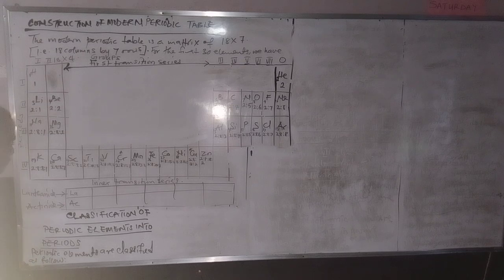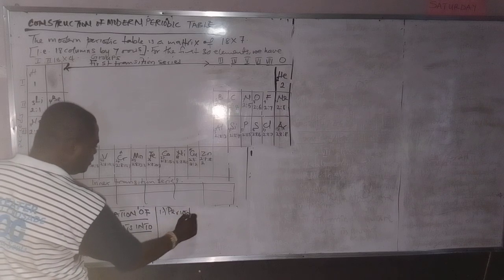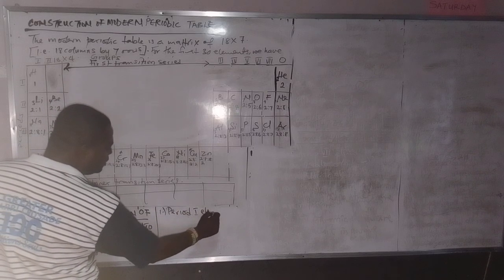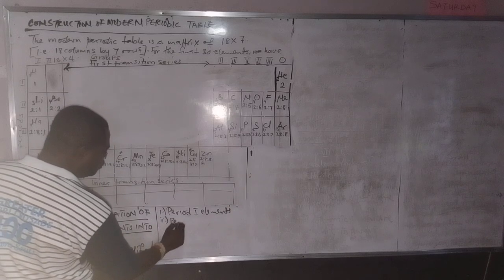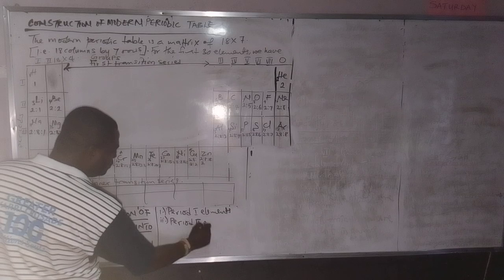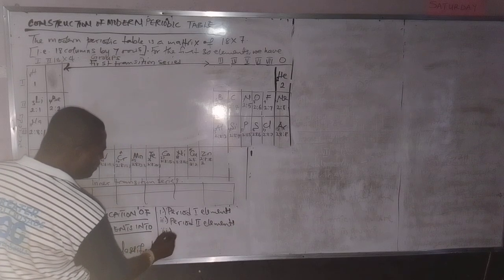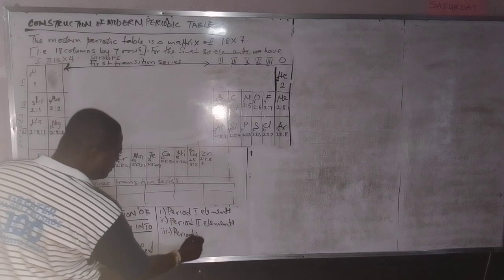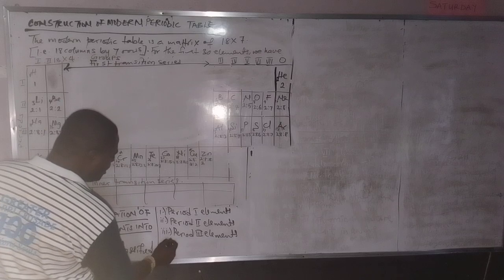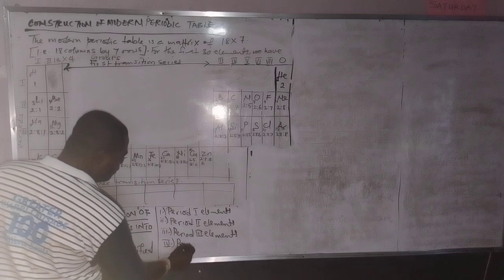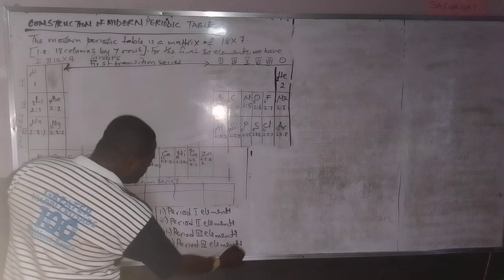So we have number one, period 1 elements. We have period 2 elements. We have period 3 elements. We have period 4 elements.